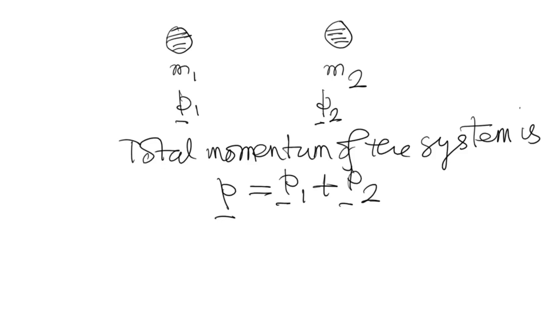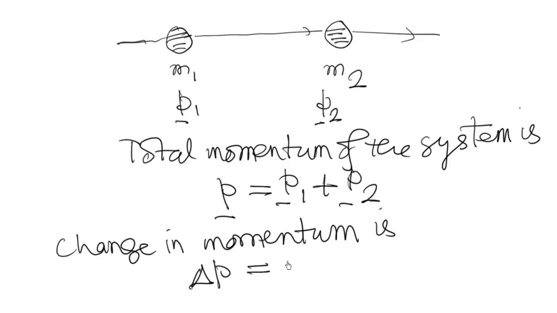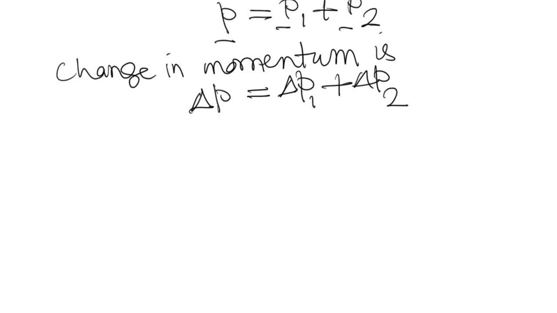Now, if we consider a collision between them, then there will be a change in linear momentum of the system consisting of these two particles. So the change in linear momentum is delta p1 plus delta p2.